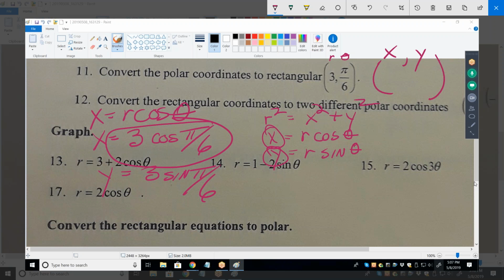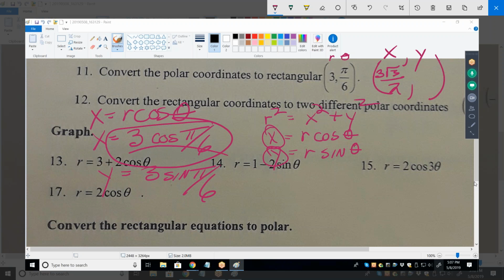What's pi over 6, first of all? That's 30 degrees. What's cosine of 30 degrees? Root 3 over 2. Good. So this is 3 times that. There's your x coordinate.